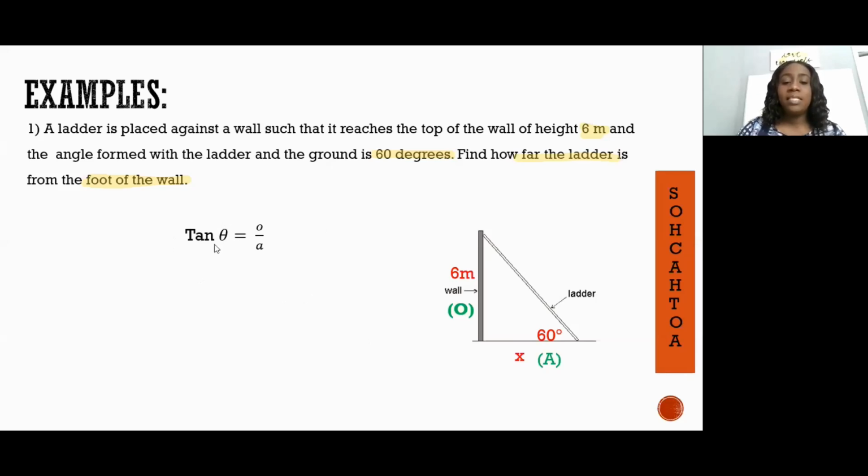Theta represents the angle, so I'm going to put the angle there. So tan of 60 goes there. What's the opposite side? What goes where O is? Very good. 6 goes where O is. Excellent. And what goes where A is? X. I just want to make sure you substitute it correctly.